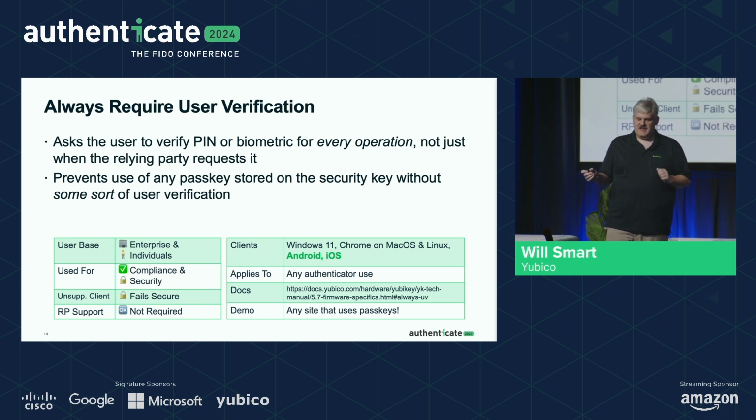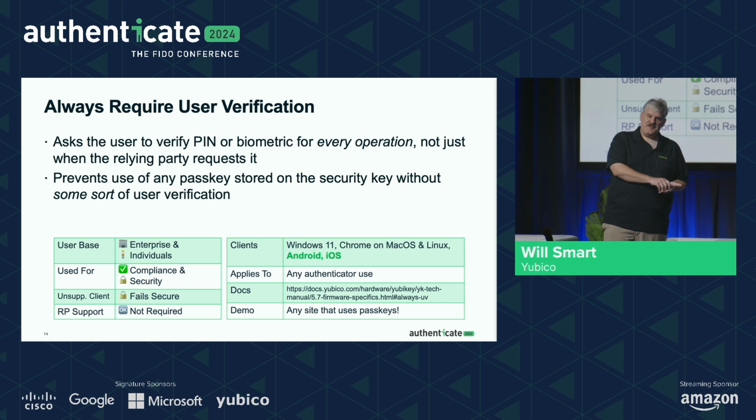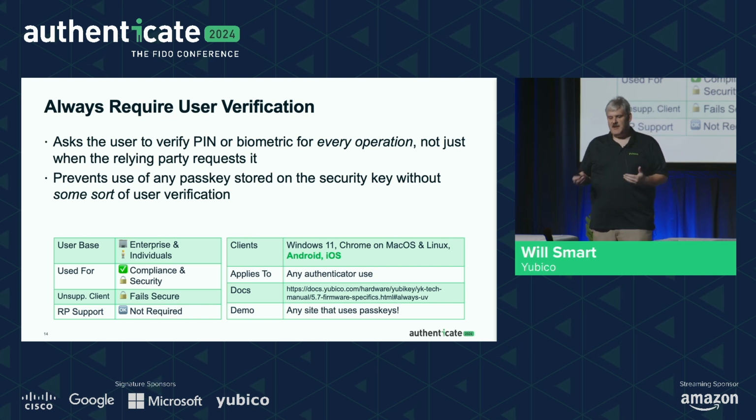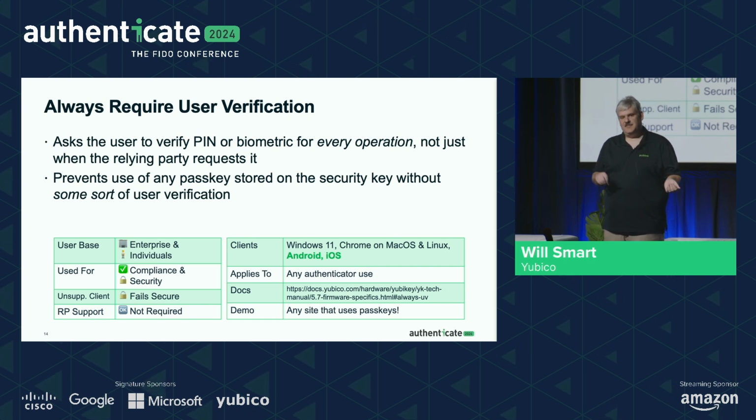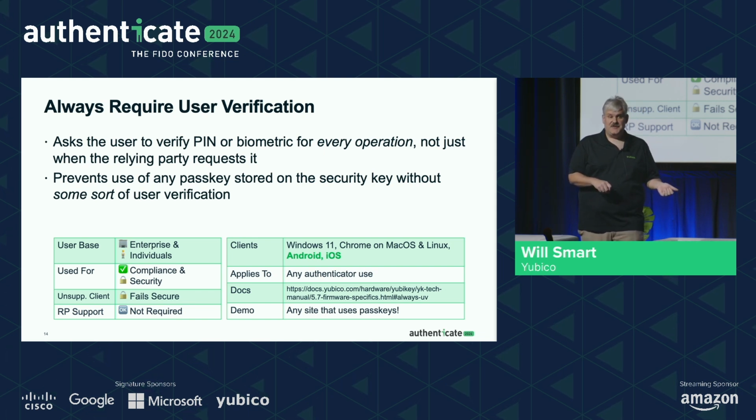One thing to note here is that if you are mixing username-less or passwordless flows with second factor flows, this might have some rough edges if you're on a platform that is not supported and you try to use one of those second factor flows.